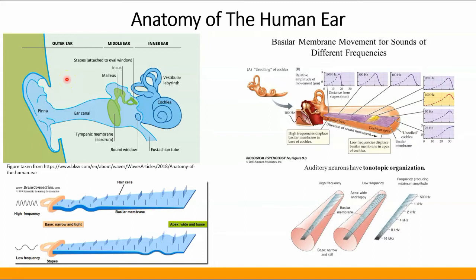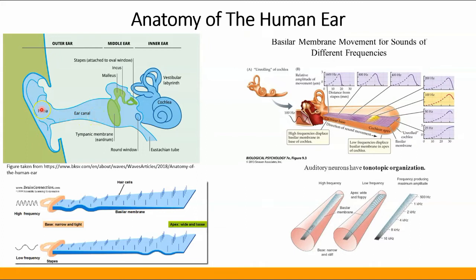The human ear is composed of three main parts, which are the outer ear, the middle ear, and the inner ear. The outer ear is composed of the pinna or auricle and the auditory canal.